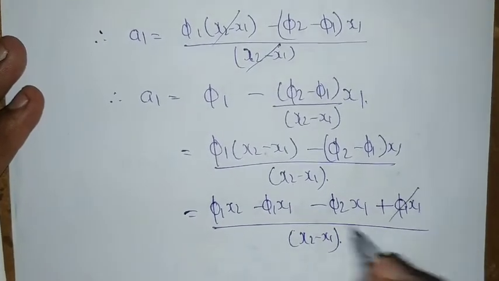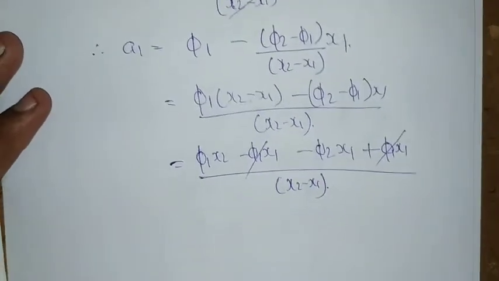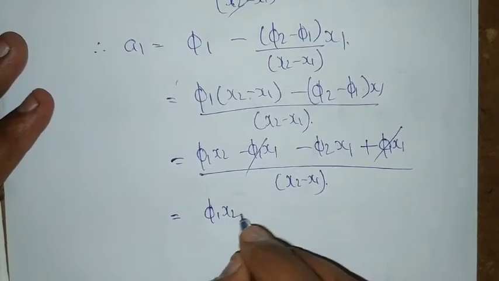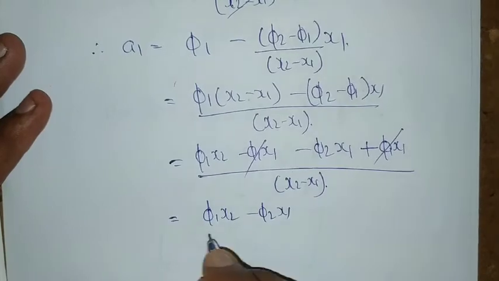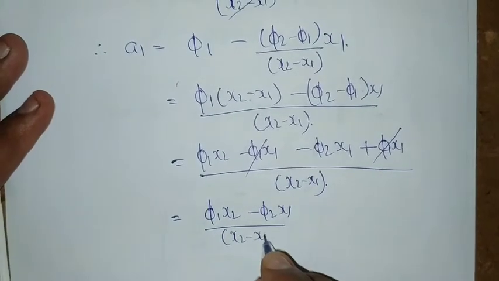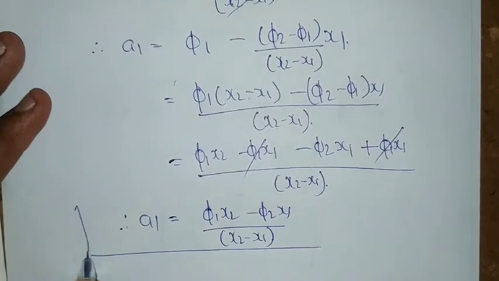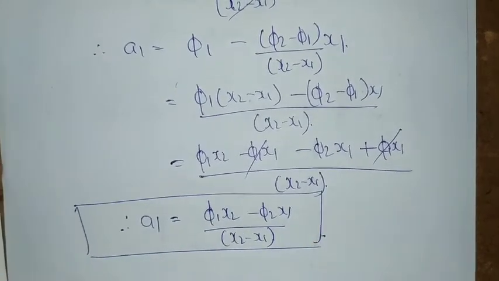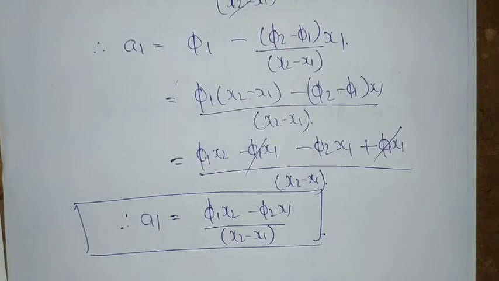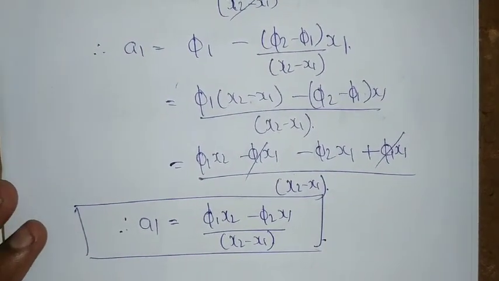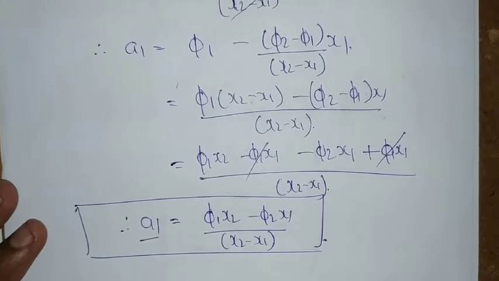So pi 1 x1 will get cancelled. So from this the equation can be written as pi 1 x2 minus pi 2 x1 by x2 minus x1. Therefore the value of a1 is equal to pi 1 x2 minus pi 2 x1 by x2 minus x1. So we have found out the values of the polynomial coefficients a1 and a2.